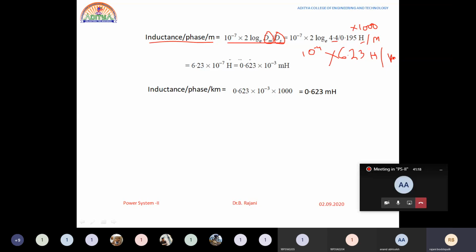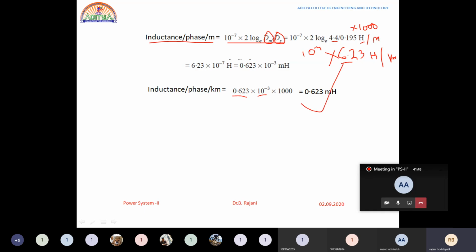Now, if we further want to change this to millihenry per kilometer, that is inductance per phase per kilometer in terms of millihenries, 10 to the power of minus 4 becomes what? This 6.23 will become 0.623, because one digit is reduced, so that it becomes 10 to the power of minus 3.